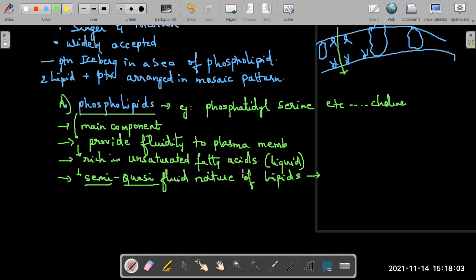But because of the semi-quasi fluid nature of the lipids, there is lateral movement. Lateral means sideways. Proteins can move laterally within the membrane only, within the bilayer. Is that understood?